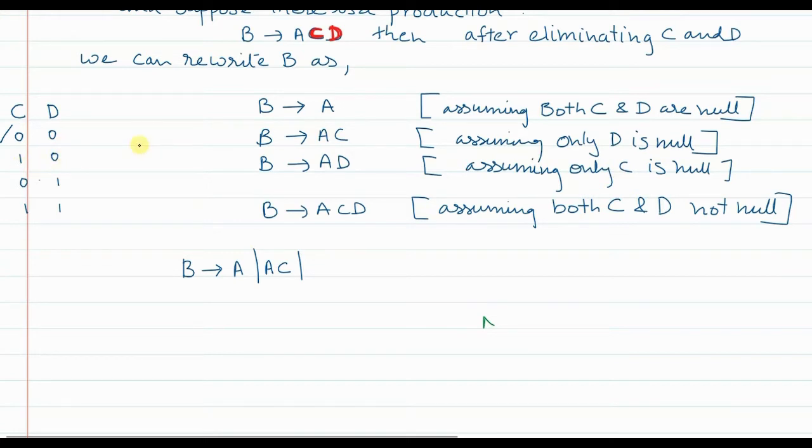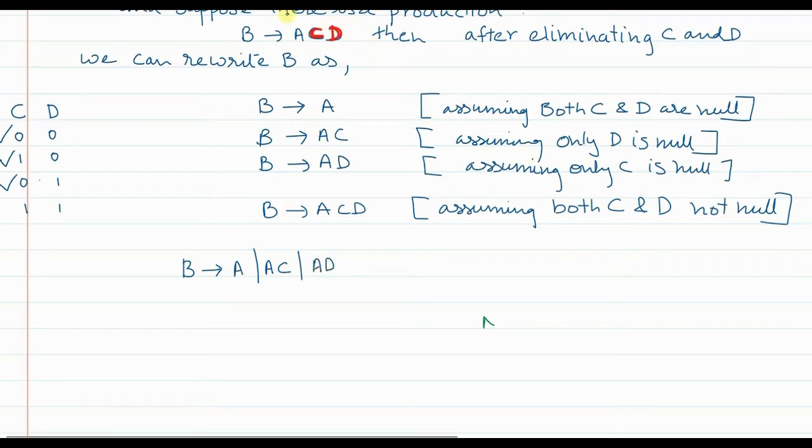So this is the second possibility. Third possibility: C does not exist and D exists. So in this case, the term becomes AD.